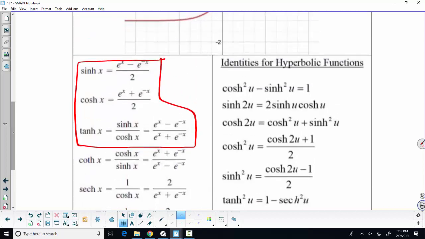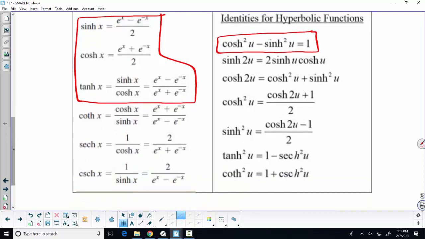All right. The identities, definitely the fundamental identity here. I'm not going to test over all of it, but I can't tell you specifically.